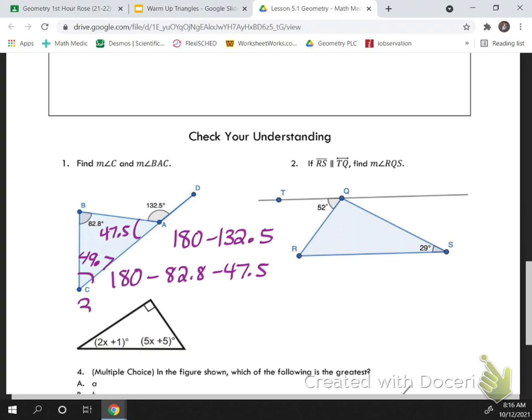I think it didn't print. That should be 3, right there. 4 is multiple choice, looking at this image down there. Ready, set, go. 2, 3, and 4, and then you get your homework.